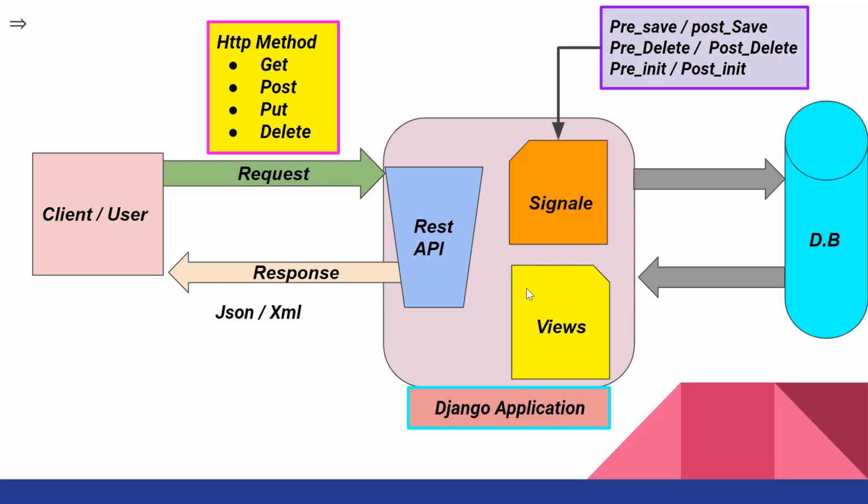So this is views.py, and inside the code, signals execute. For example, pre-save means before the data is saved, the action runs quickly, and post-save means after the data is saved, the action runs.